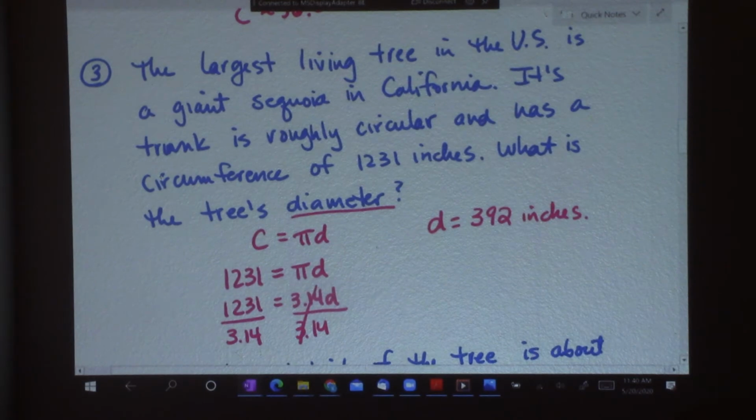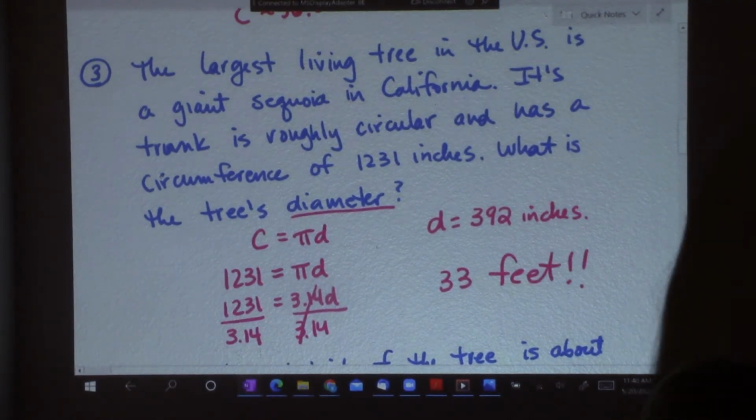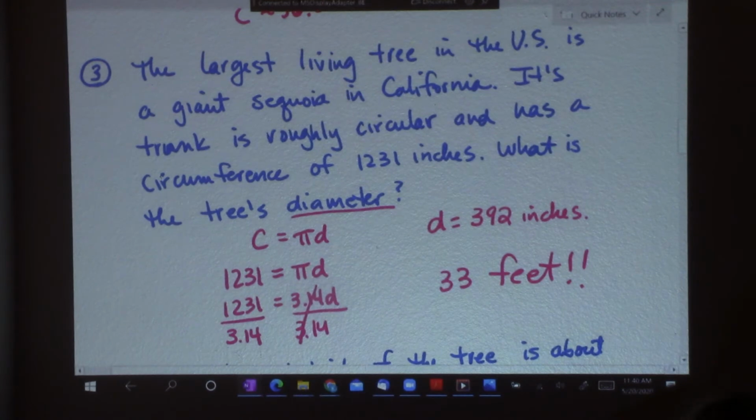That's the diameter. So if you work that out, that's about 33 feet. It is huge. I'm in my living room right now. It is wider than my living room. 33 feet is like 3 stories high, and if you put that on the ground. So it's really a very huge tree.